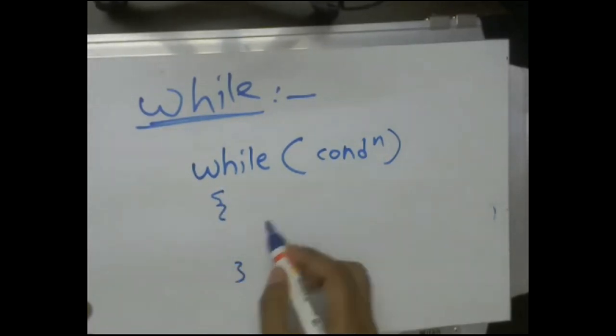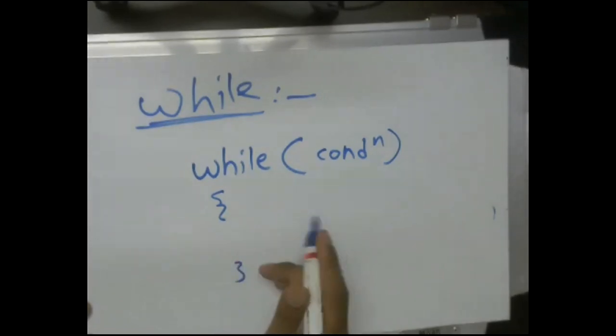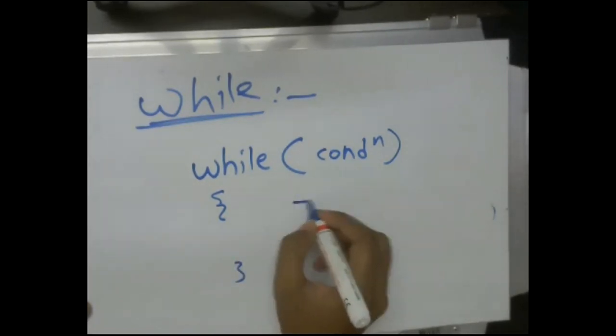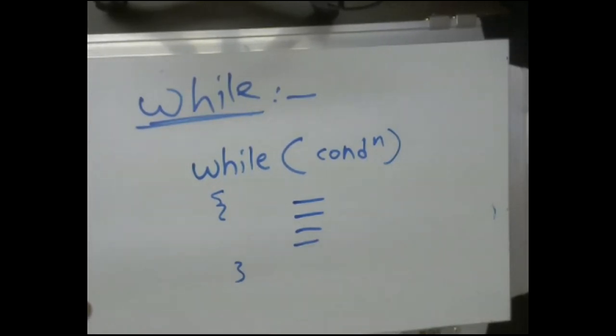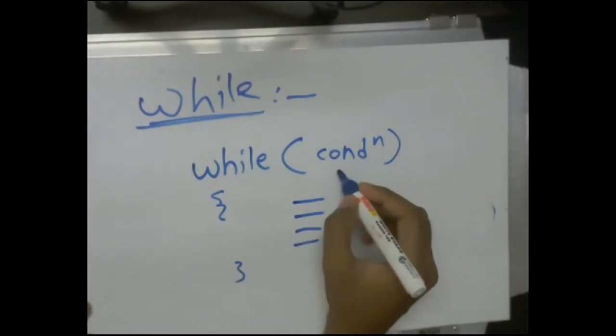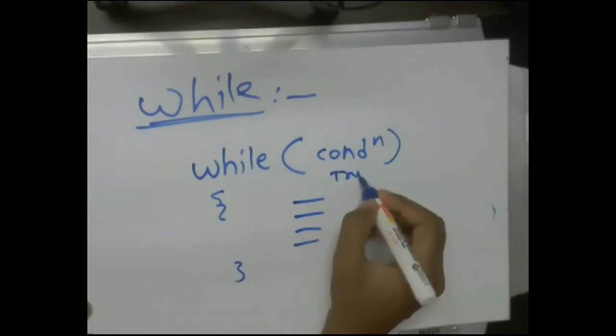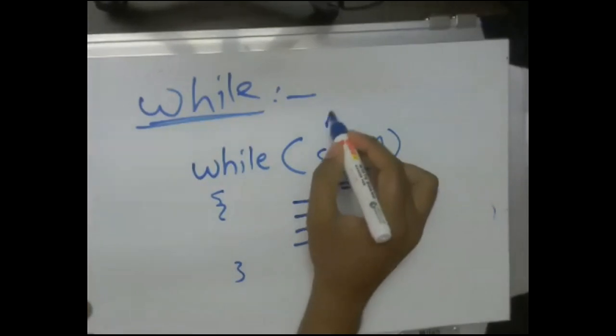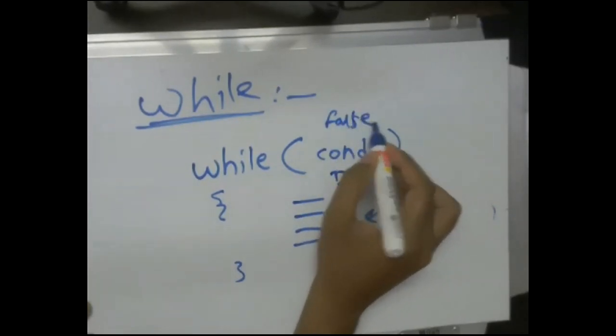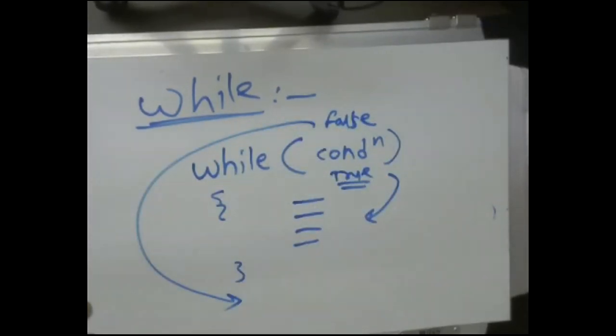If you want to include more than one statement, the curly bracket is compulsory. Here are the statements that we want to iterate, until the condition is true. If the condition is true, it will go inside. If the condition is false, it will go outside.